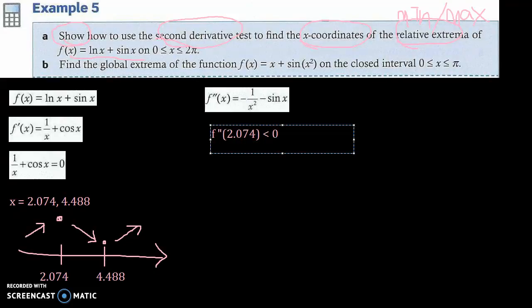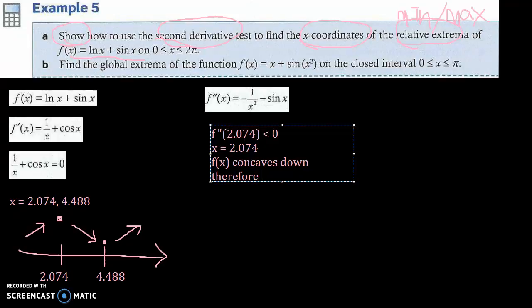Therefore, f of x concaves down, and x equals 2.074 is a maximum point.